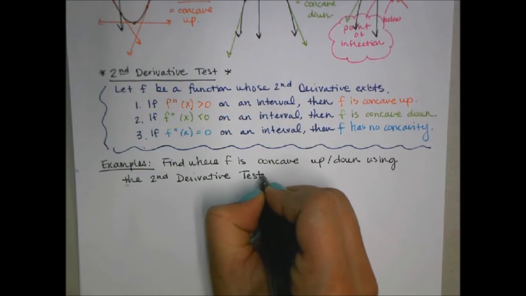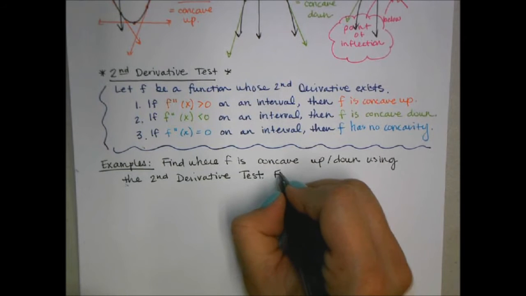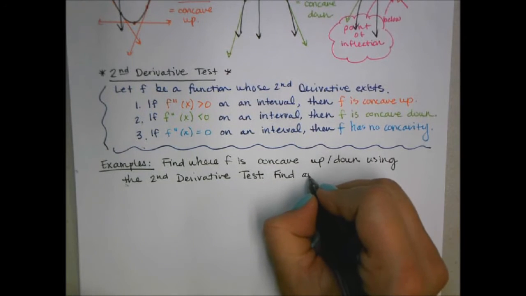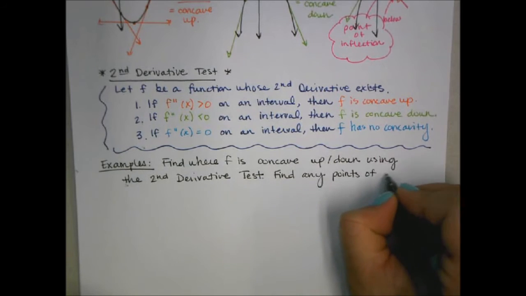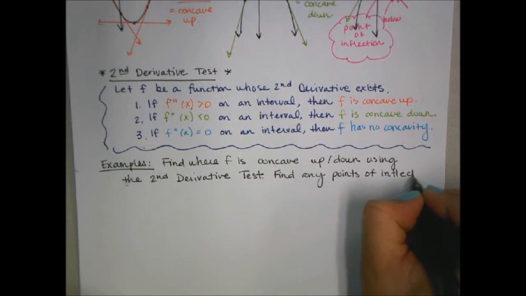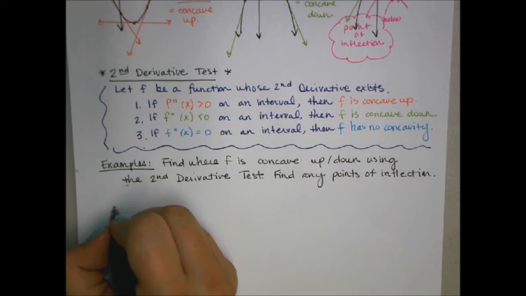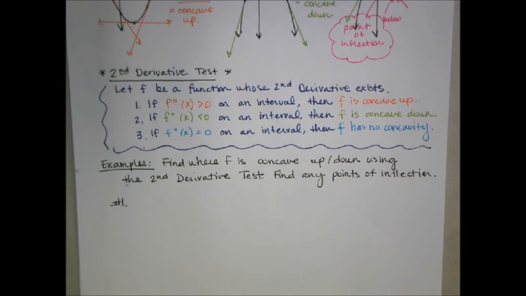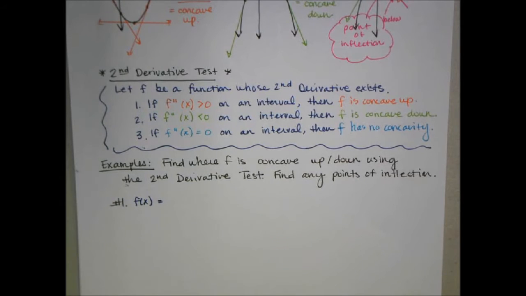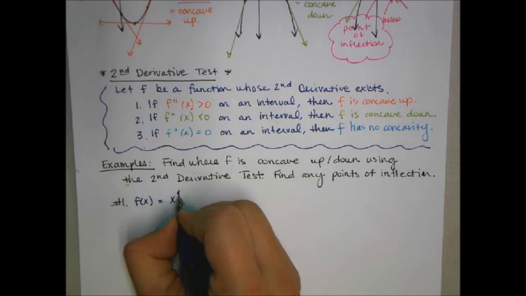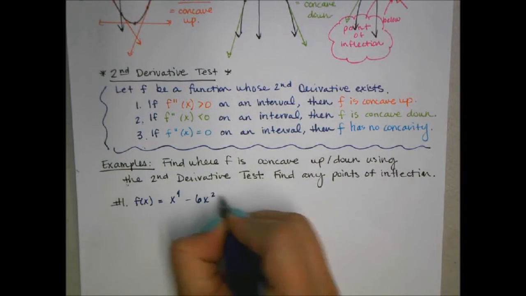We also want to locate any points of inflection. So our first function, f of x, is x to the fourth minus 6x squared plus 7.